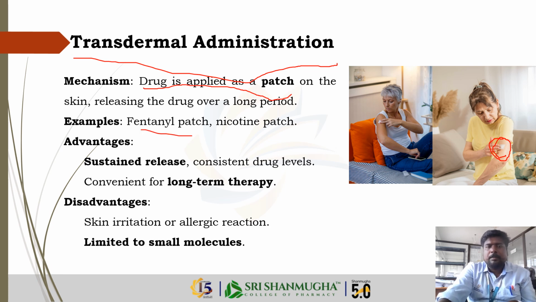For example, fentanyl patches and nicotine patches are available in the market. Nowadays insulin patches are also being developed, with sustained release. Main disadvantages are skin irritation or allergic reactions, and it is limited to small molecules. These are the main limitations.